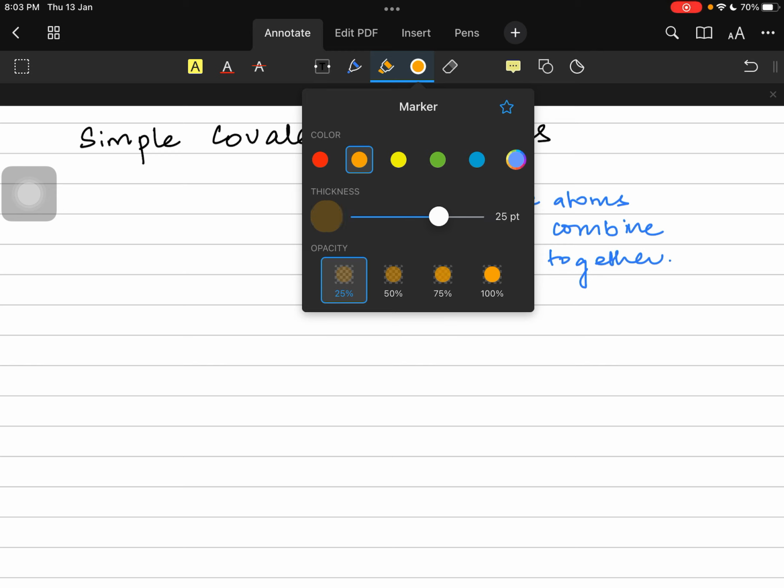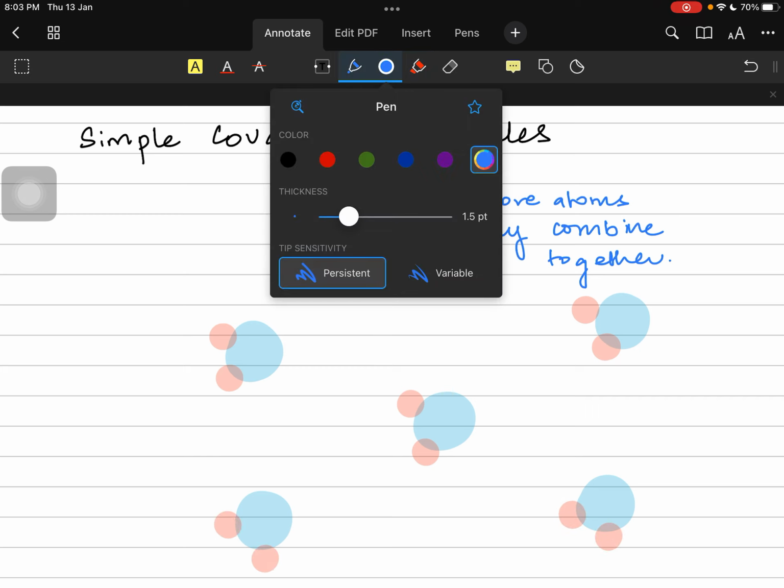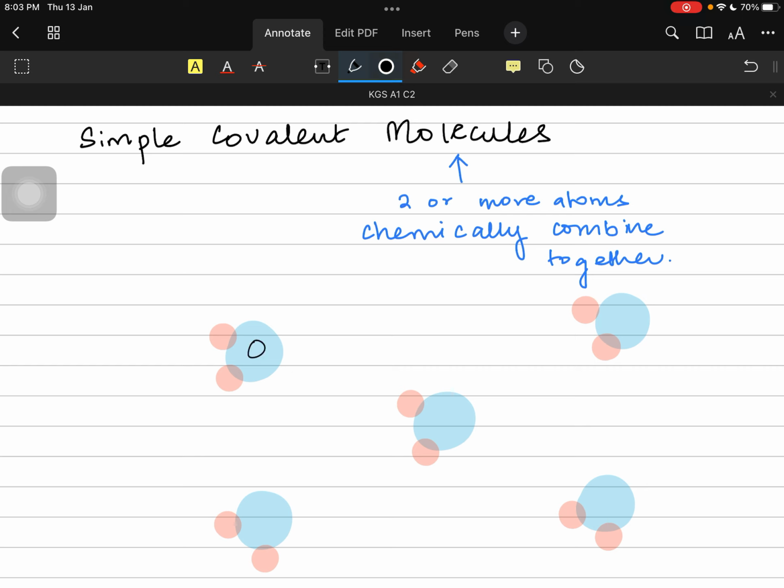For example, if I were to talk about water molecules, these are my oxygen atoms and these are my hydrogen atoms. Let's label it.